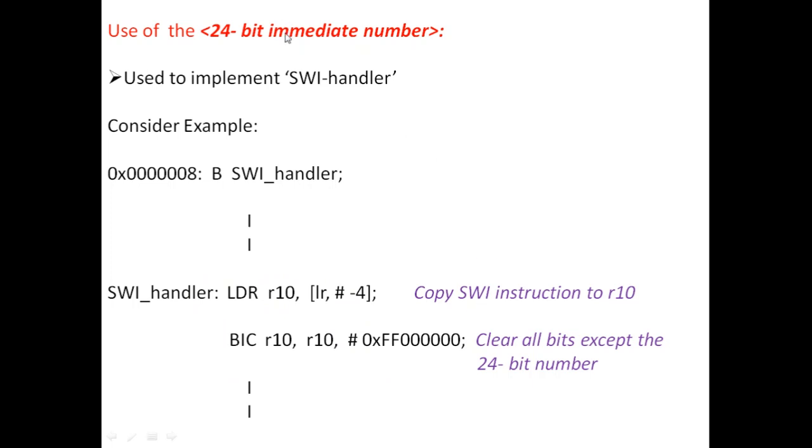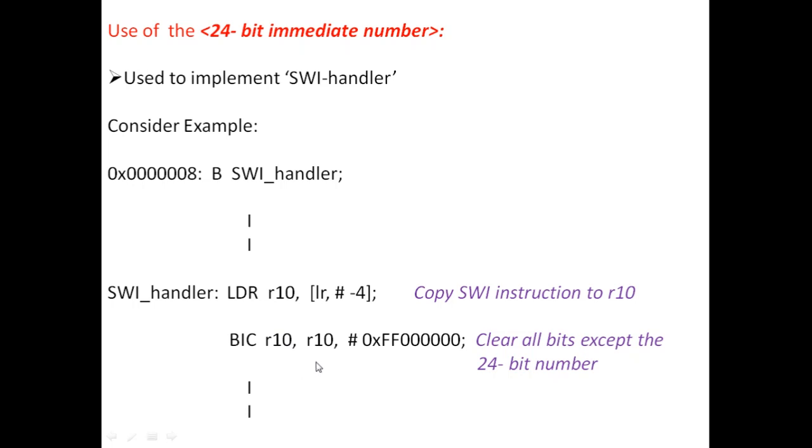Actually that SWI instruction, software interrupt instruction, is read into a general purpose register, and then all the bits in that instruction except those 24 bits are cleared. So now R10 will contain only this 24-bit number, and from that number the execution will be transferred to the corresponding monitor routine.